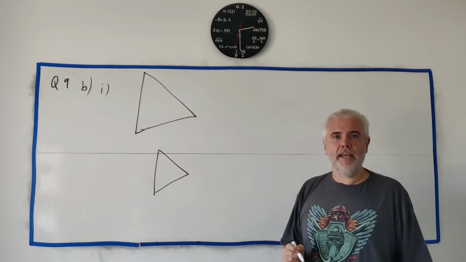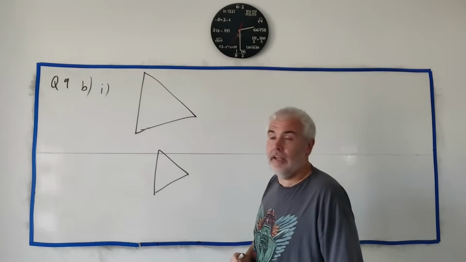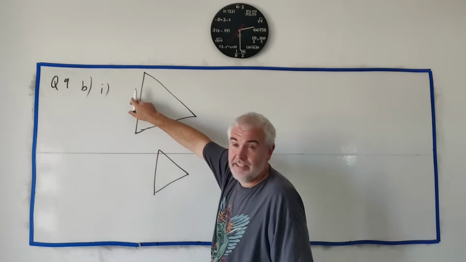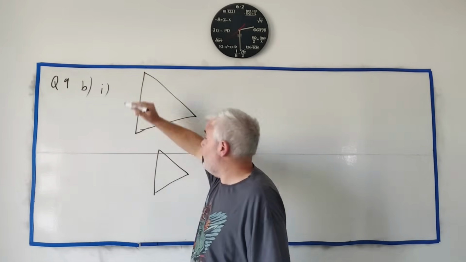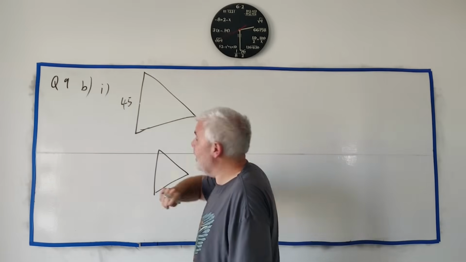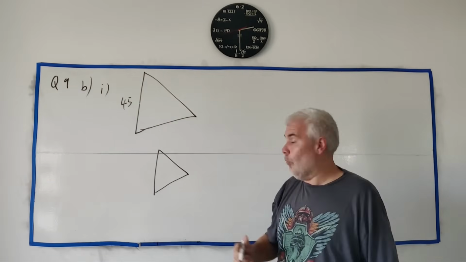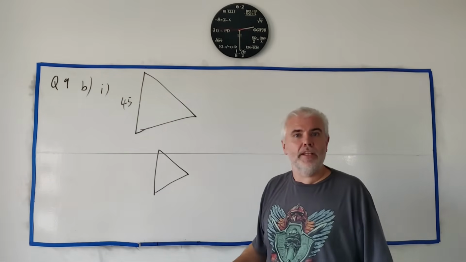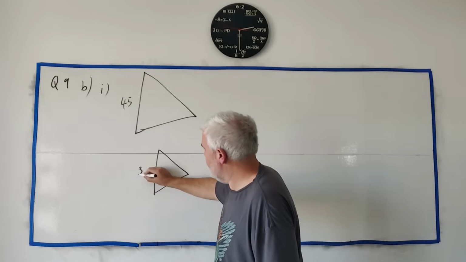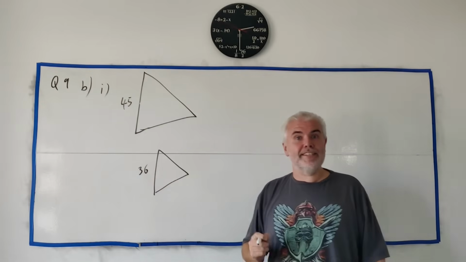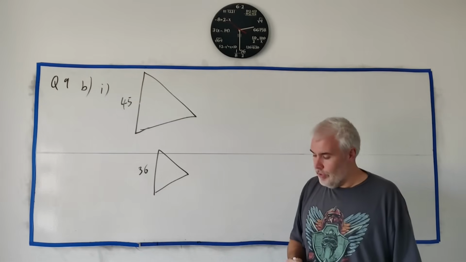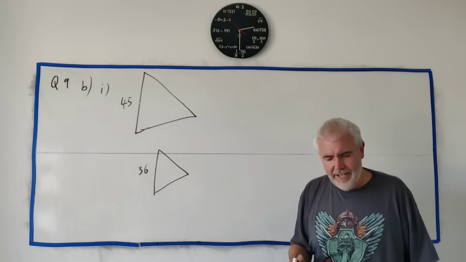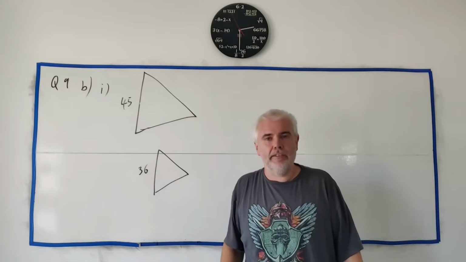They tell us the longest length on the bigger one, let's just say it's this length here, is 45. They tell us the longest length on the smaller one, remember these look the same, is 36. Show that the scale factor is 1.25. Another way to say that is, how do you find the scale factor?